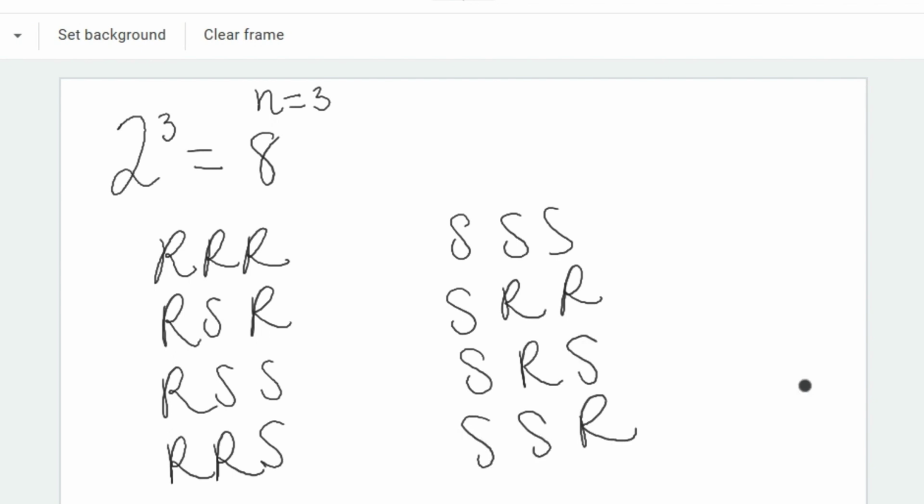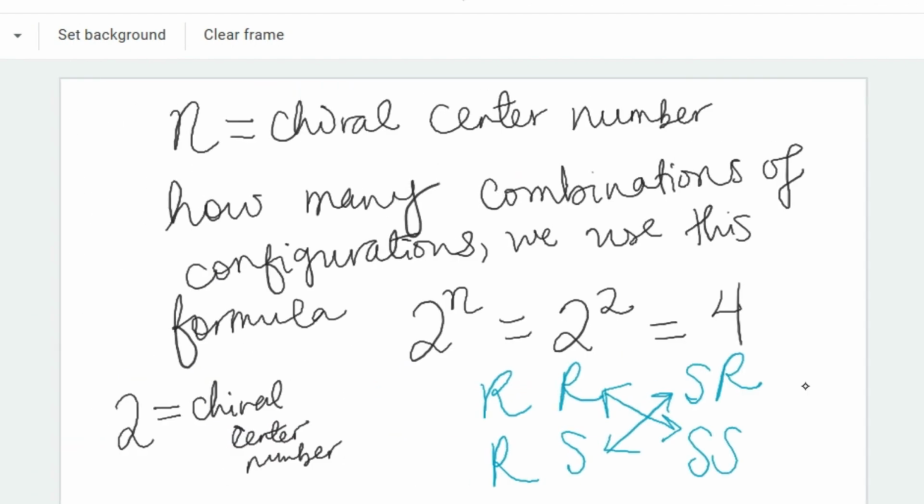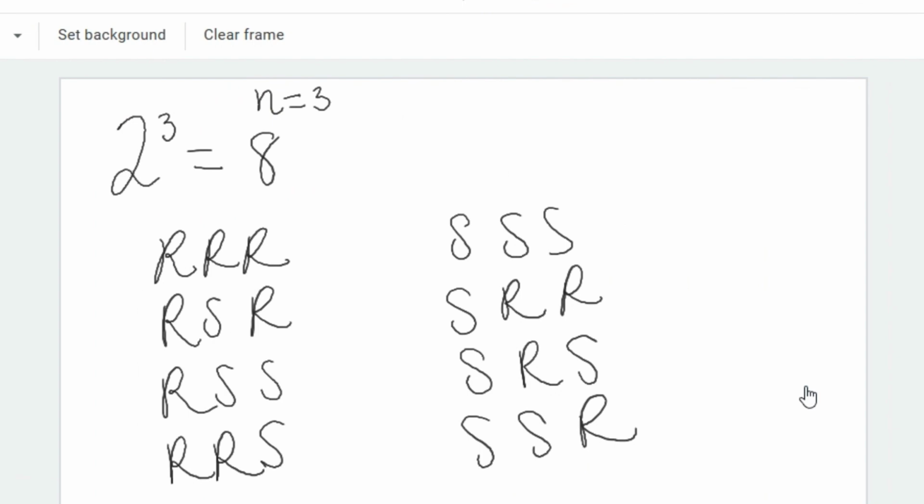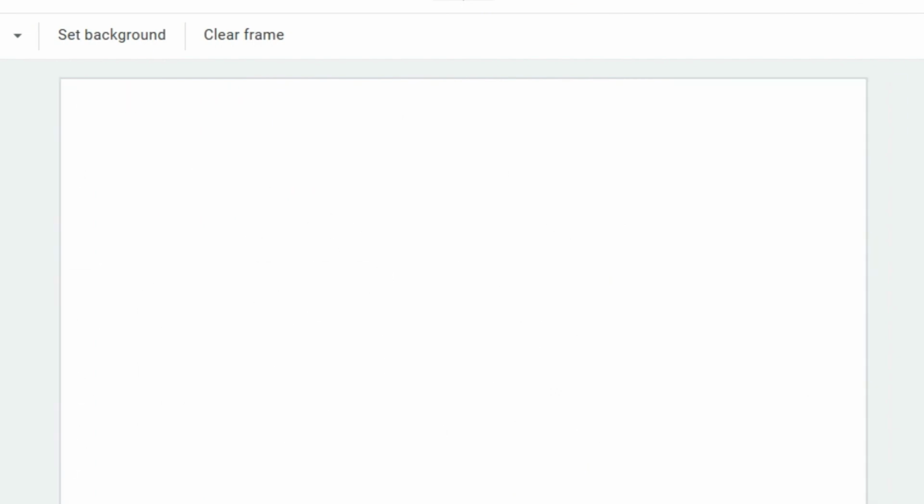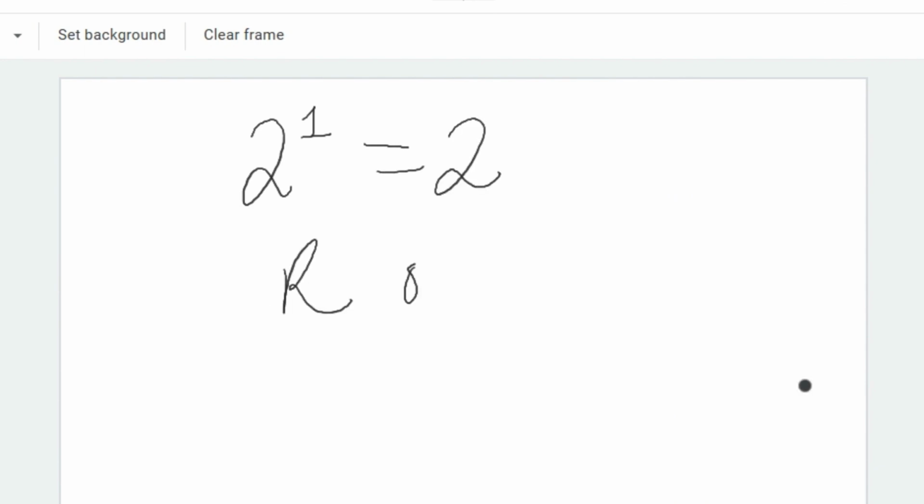You can see that these are the 8 complete ones. So I'm just letting you guys know, in case you're in a situation where you have to do this, just know that these are the different combinations that you can get for chiral centers within a molecule. But of course, if it's just one chiral center, 2 raised to the power of 1 is just basically 2. So it's either R or S, which is what we've done in previous examples.